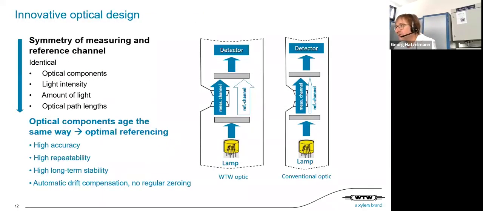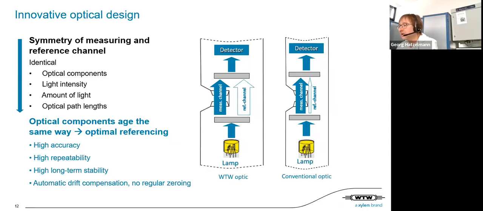This technology of spectral measurement is not new, but we have innovative things inside. The first thing is we have a special optical design. When you look at the two pictures on the right side, the VTV optic, the measurement channel and the reference channel, all parts in between are 100% identical. On typical conventional optics from competition, they have different designs for measurement and reference channel.